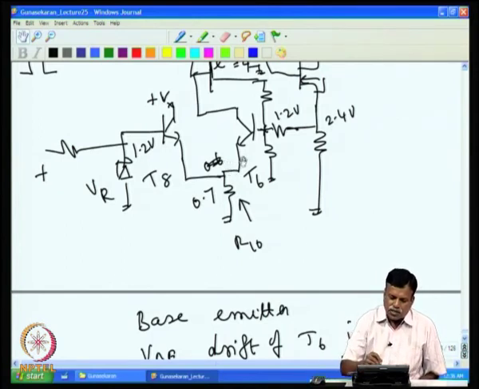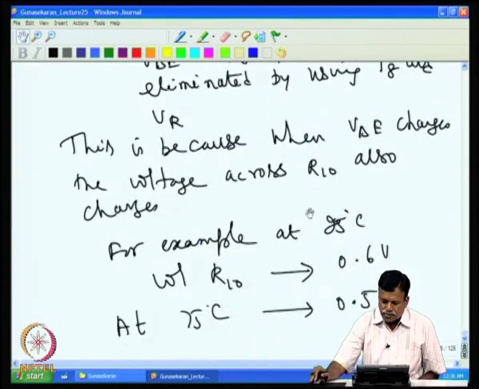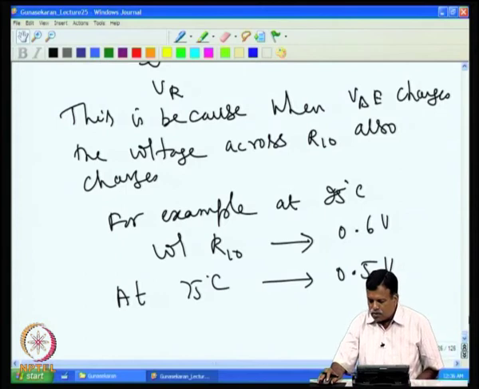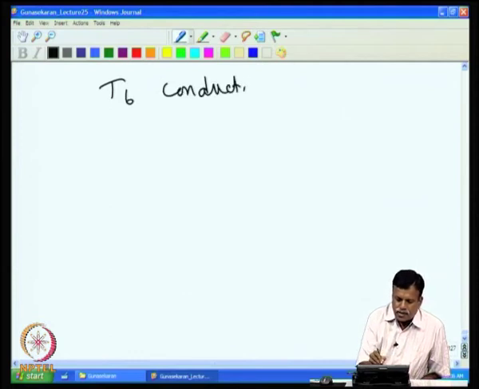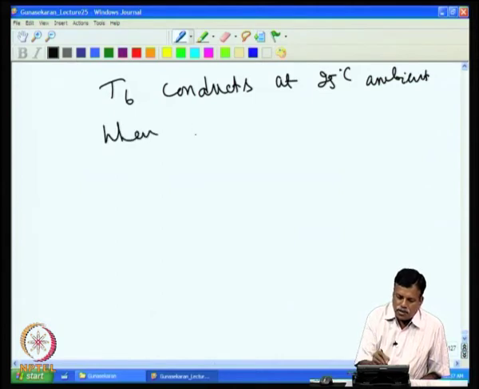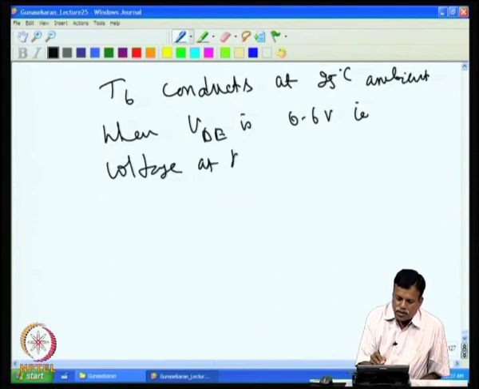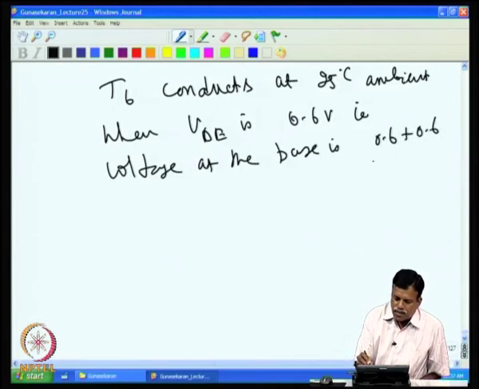Now, T6 also needs only 0.5 volt. So T6 conducts at 25 degree ambient when VBE is 0.6 volt, that is, voltage at the base is 0.6 plus 0.6, that is 1.2 volt.